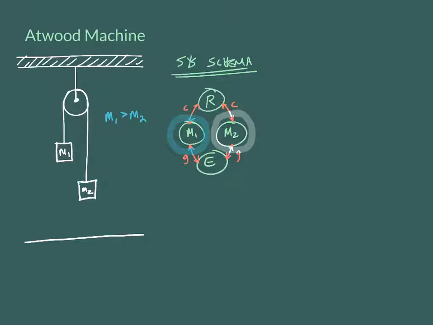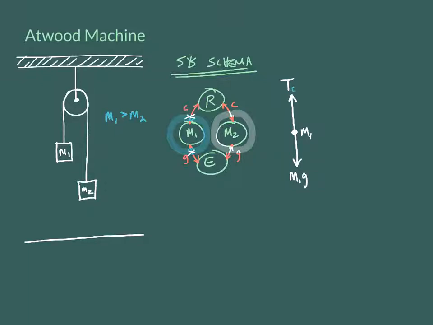this situation. Okay, so if I talk about mass 1, I'm going to have two force interactions to pay attention to. So mass 1 has its weight force down, and it has what I'm going to call tension.